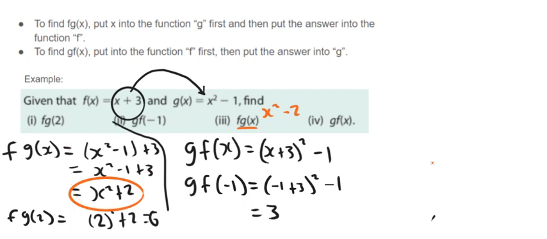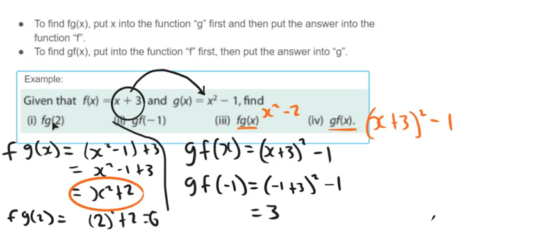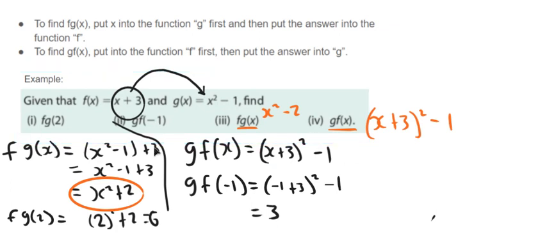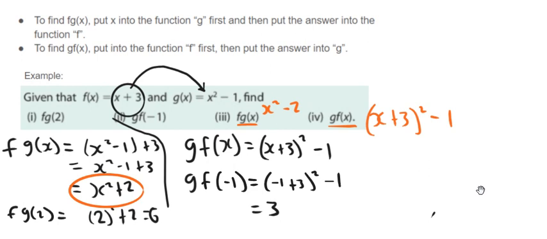The other one then, you've done that as well, so g of f of x is just going to be x plus 3 squared minus 1. They're asking that at the end there, because there are other ways of doing it where you can get f of g of 2, or g of f of minus 1 a different way, but I just find this easier.